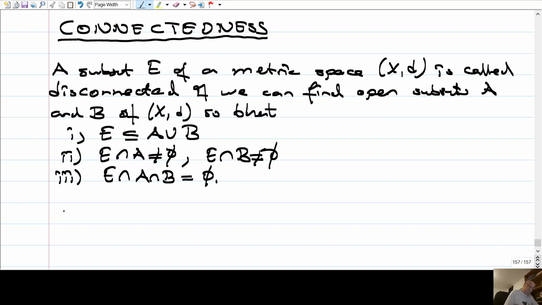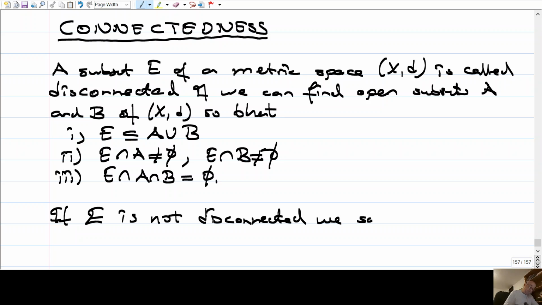Otherwise, if E is not disconnected, we will say that E is connected.